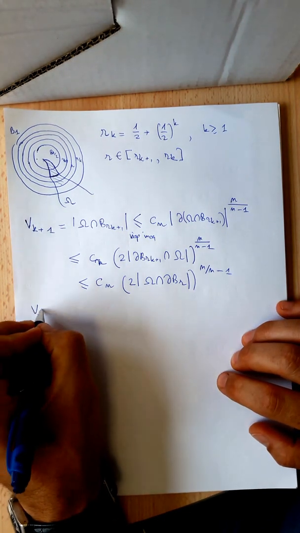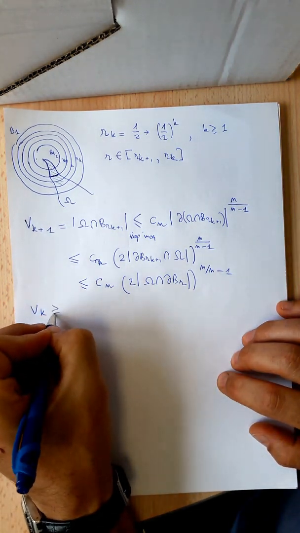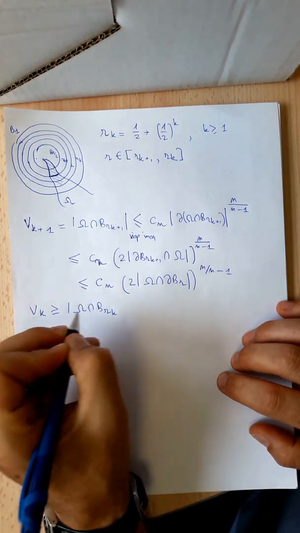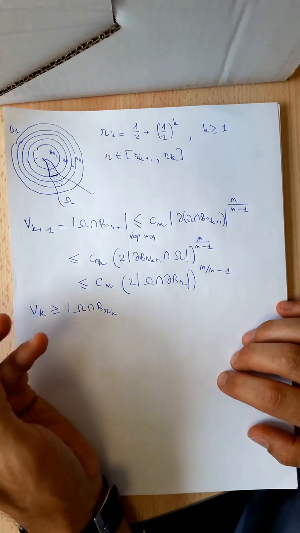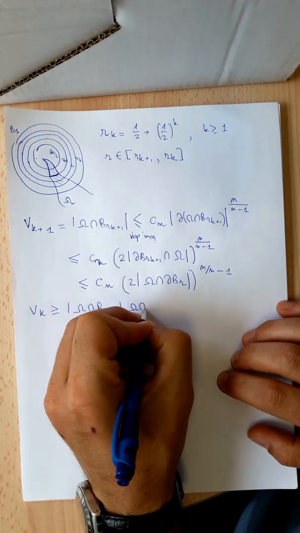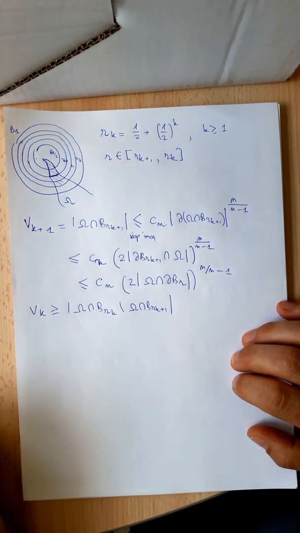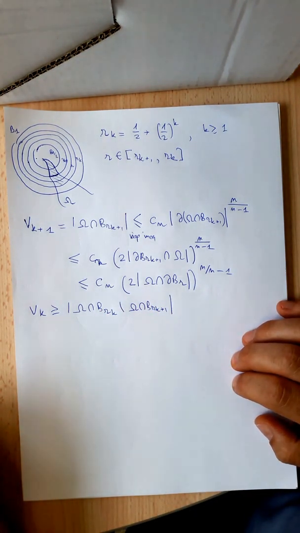All right, now let's look at v_k. And v_k, so this is the volume of omega intersected with the ball of radius r_k. And so it's obviously going to be bigger than the volume of the annulus B_{r_k} minus B_{r_{k+1}}.